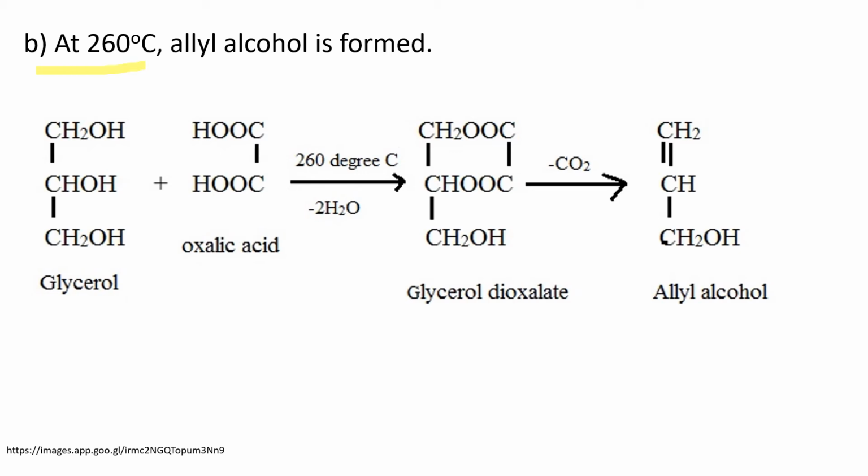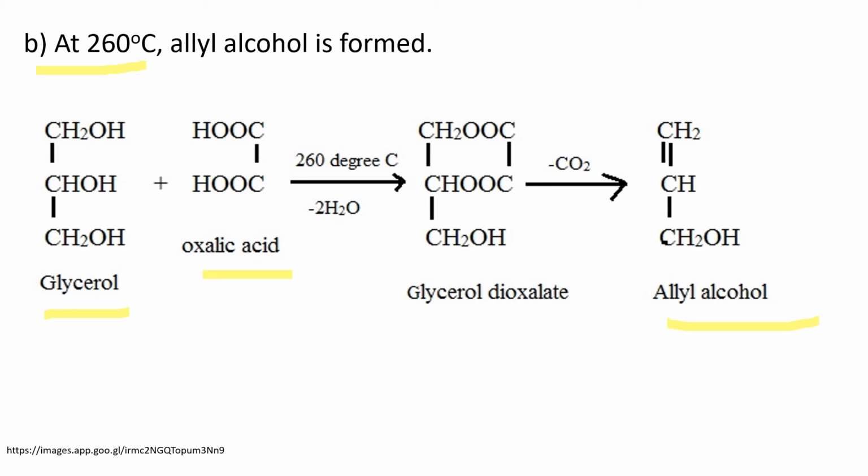Whereas at 260 degrees Celsius, the same glycerol with oxalic acid forms allyl alcohol. So in the previous reaction you saw that at 110 degrees Celsius, glycerol reacts with excess of oxalic acid forming formic acid, right? Whereas at 260 degrees Celsius, glycerol when it reacts with oxalic acid, it forms allyl alcohol.